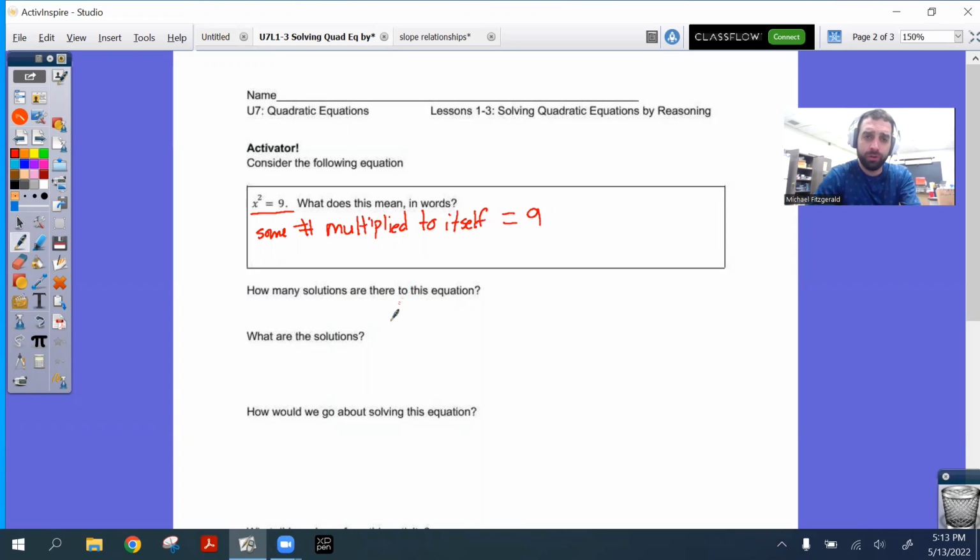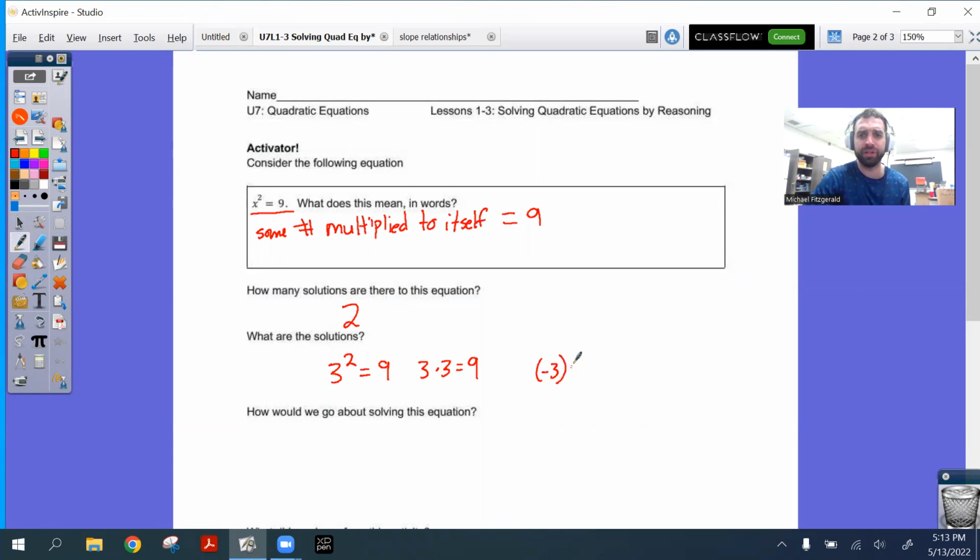So then we're asked, how many solutions are there to that? Well, the naive answer is 1, because we know that 3 squared is equal to 9, because 3 times 3 is equal to 9. But what we're learning now is that there's actually 2 solutions. The second solution is -3.